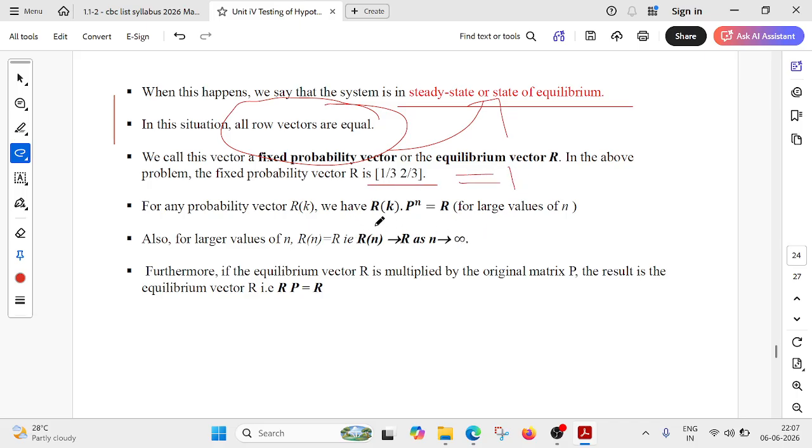And here the formula will be r(k) times P to the power n equals r for large values. Otherwise, r(n) tends to r as n tends to infinity; it is applicable only for large values. If the equilibrium vector r is multiplied with the original matrix, then you get the resultant equilibrium vector, rP equals r, like xP equals x, vP equals v.